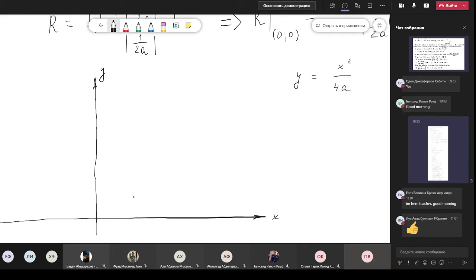It's the point 0, 0, the first point. Then if x is 1, for example, y is 1 over 4a.